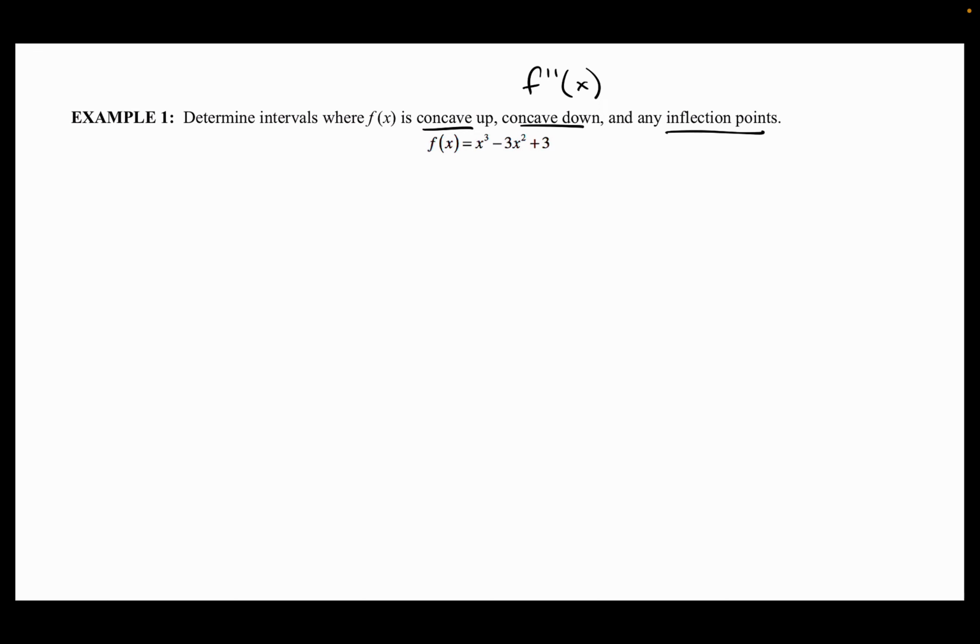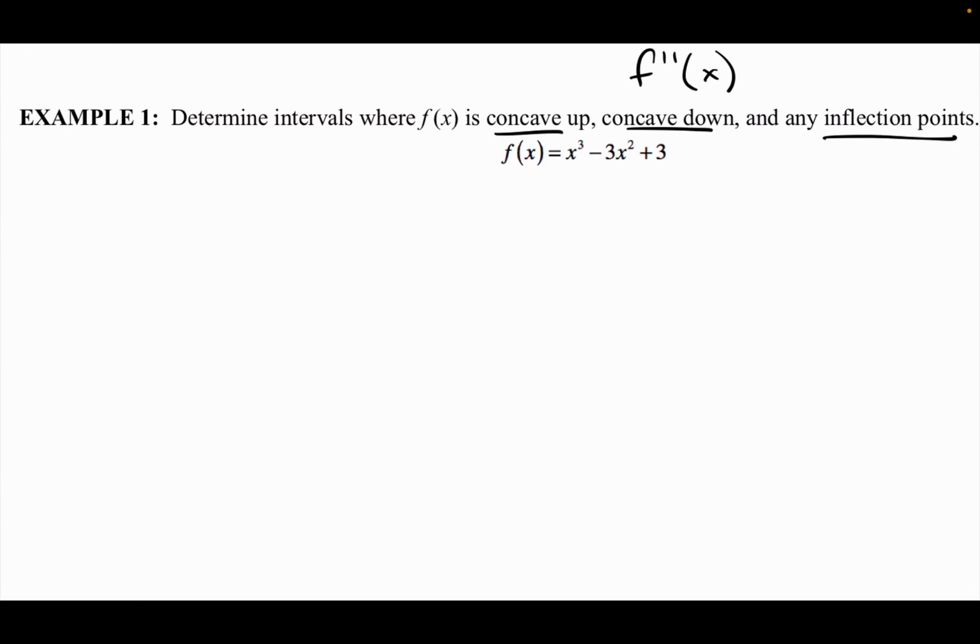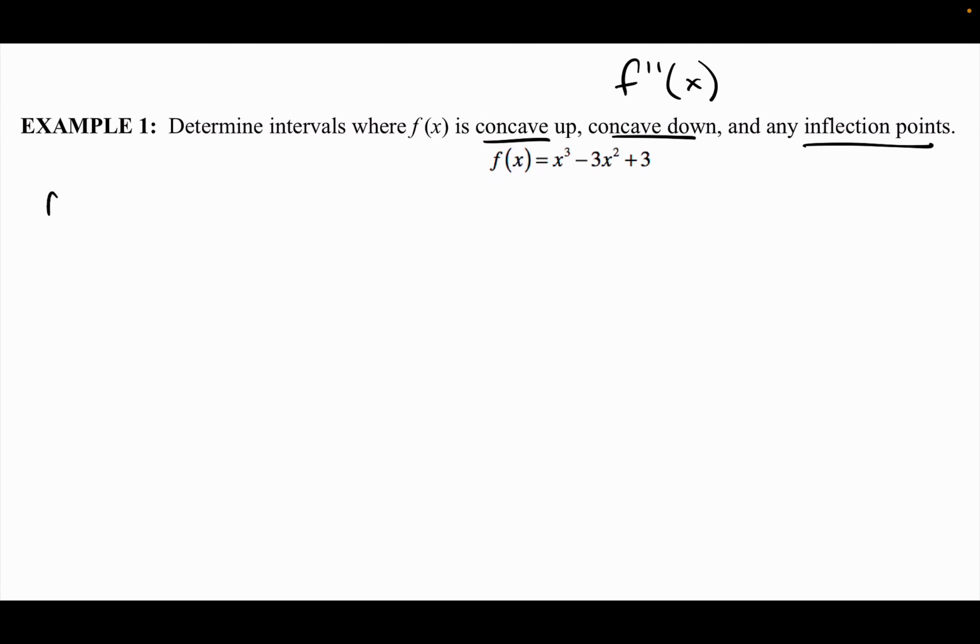To find the second derivative, I have to find the first derivative. The first derivative is 3x squared minus 6x. The question doesn't say anything about increasing or decreasing, so I don't need the first derivative. I need the second derivative, and that's going to be 6x minus 6.